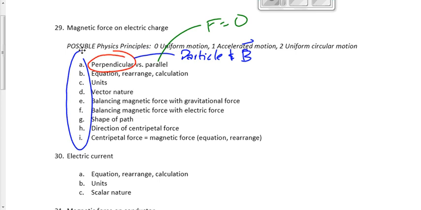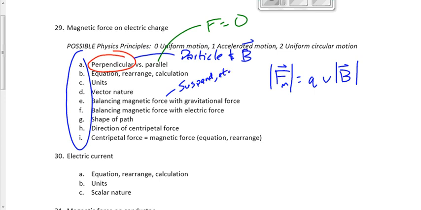Basically, here's what it boils down to. You will see problems where we have to find the magnetic force on a moving charge. Sometimes if we see that word suspend, etc., then that magnetic force may need to be set equal to the gravitational force.